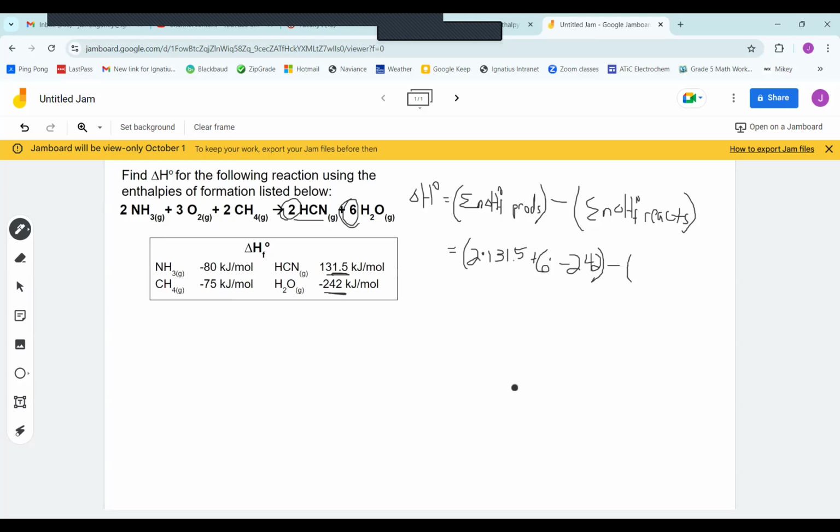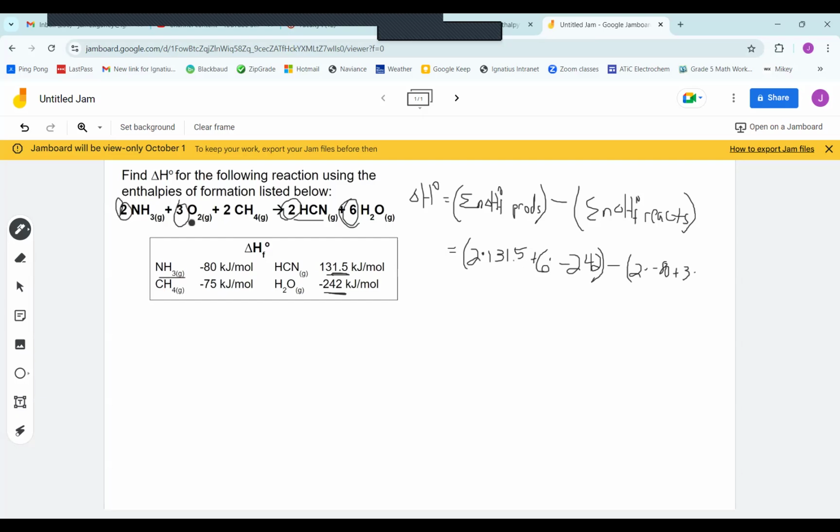Now for the reactants, we've got 3 reactants to consider. We've got 2NH3 with an enthalpy of formation of -80. Plus, there's 3 oxygens. So I'm going to reflect the coefficient in the calculation here.